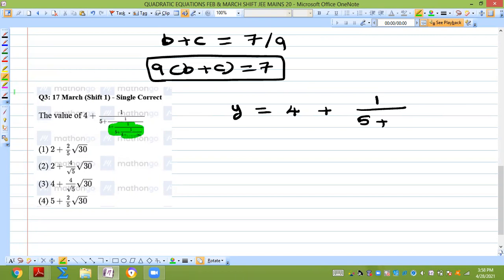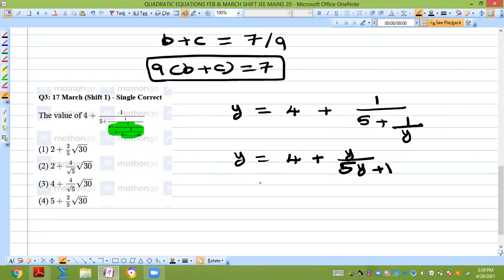See, it's the same thing. So we have to write it as 5 plus 1 by, we assumed y is equal to 4 plus this whole thing. So 4 plus this whole thing means again it is y only. So that is y equals 4 plus y by 5y plus 1.